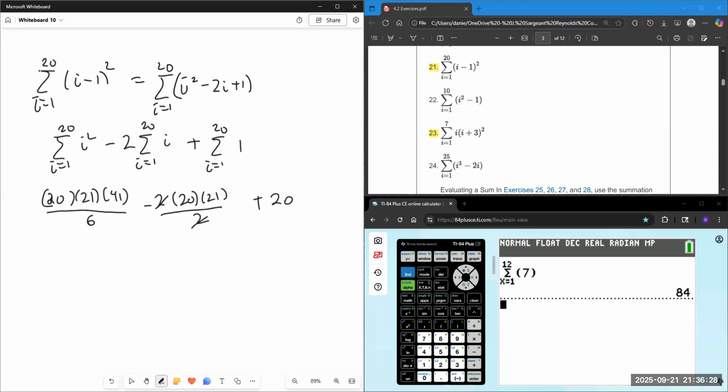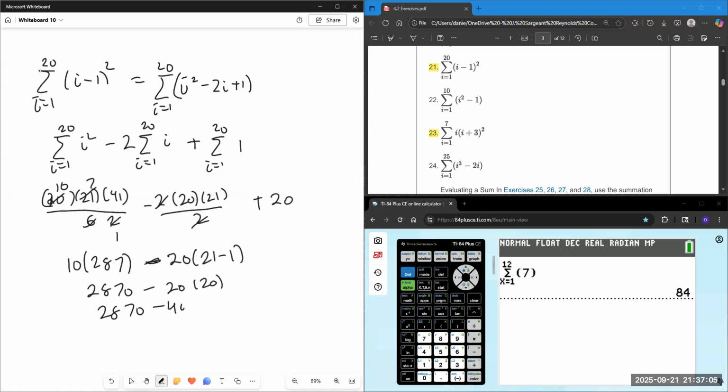This goes into there, and then this is 2 and 7, 1 and 10. 10 times 287, minus 20 times 21 minus 1 is 2870 minus 20 times 20, 2870 minus 400 is 2470.